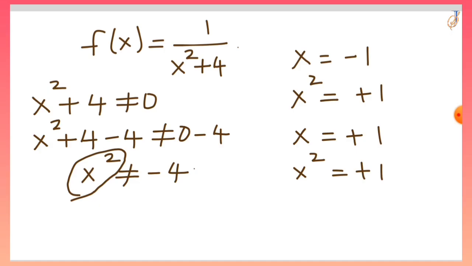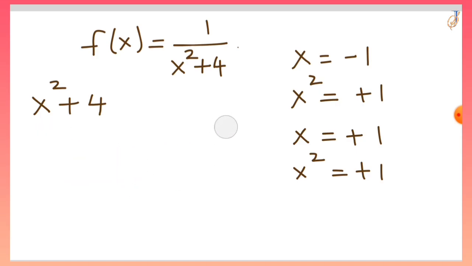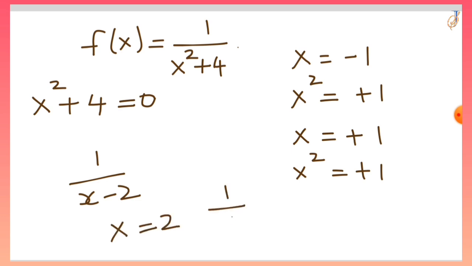Here, in this particular case, there is no real value of x that makes the denominator 0. In our previous case, that is the function 1 over x minus 2, if you plug in x as 2, then the denominator is going to be 0, and the function is going to be undefined. But in this case, if you plug in any real value of x, the denominator is not going to be 0.